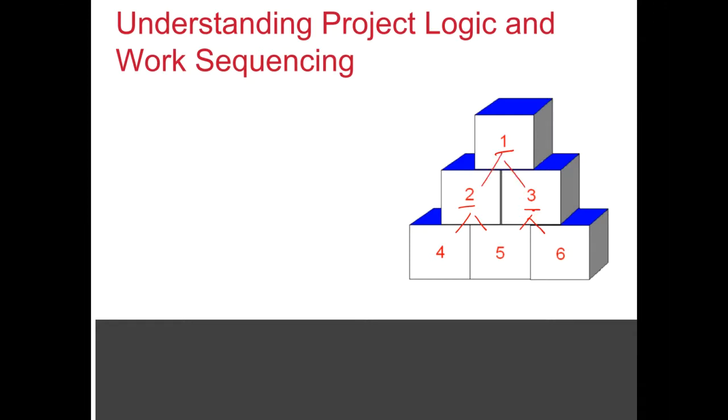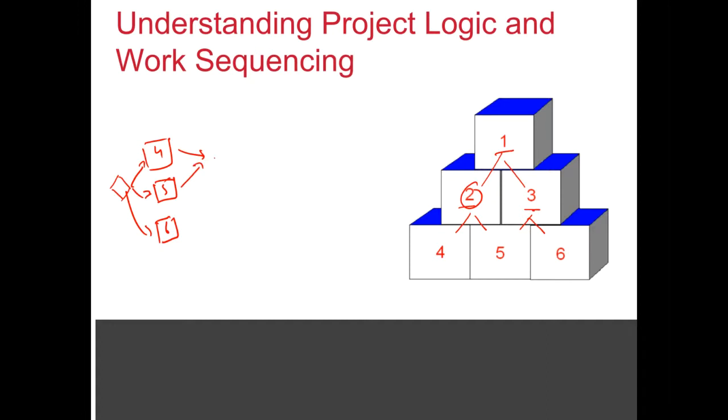So if you have to draw a logic diagram, a network diagram, we could start. Very often we could have a milestone activity as a project start. Now, the activities block 4, 5, and 6 are pretty much independent of each other and could be done in any order. So I could put 4, 5, and 6 because there is no logical dependence. But 2 can be done only once 4 and 5 are in place.